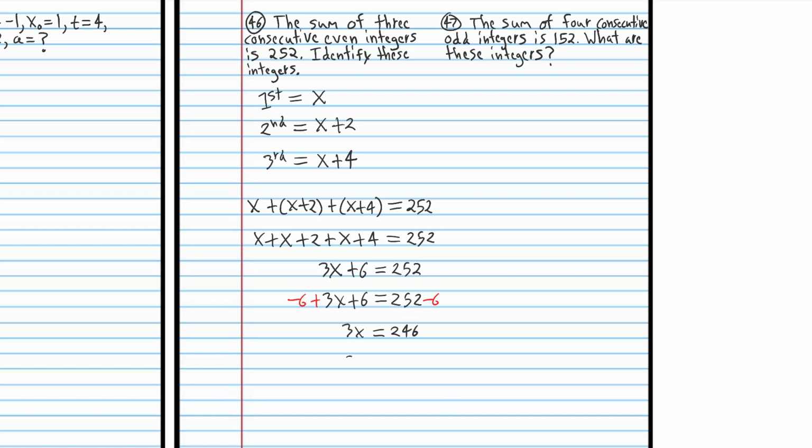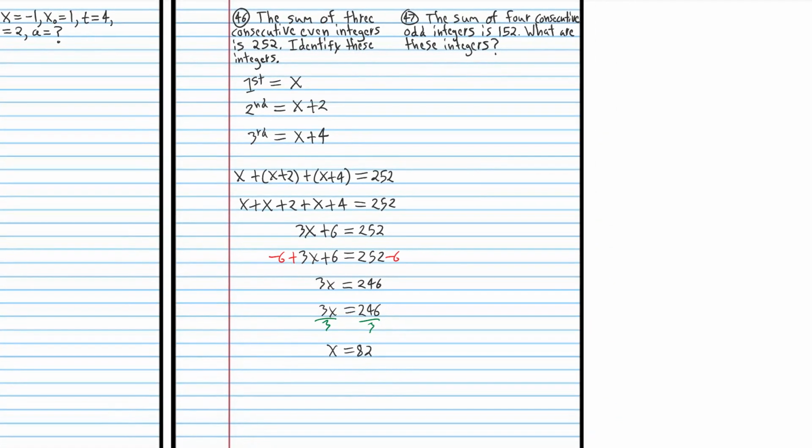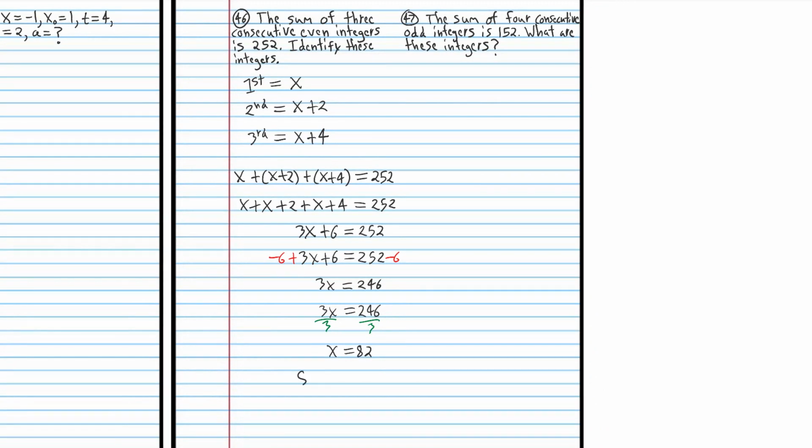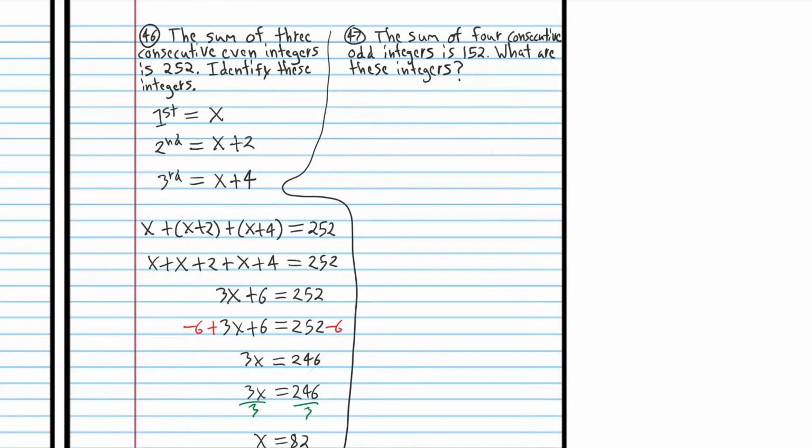Then we rewrite again and perform our second operation. And 246 divided by 3 is 82. So 82 is the smallest of those integers. Now in this problem, they want us to find all of the integers. So if that's the smallest integer, the next integer would obviously be 84, and the next integer will be 86. And that's the answer. So as you can see, that was a problem that required many, many steps. And if you learn how to do these problems, it's going to give you a lot of confidence.